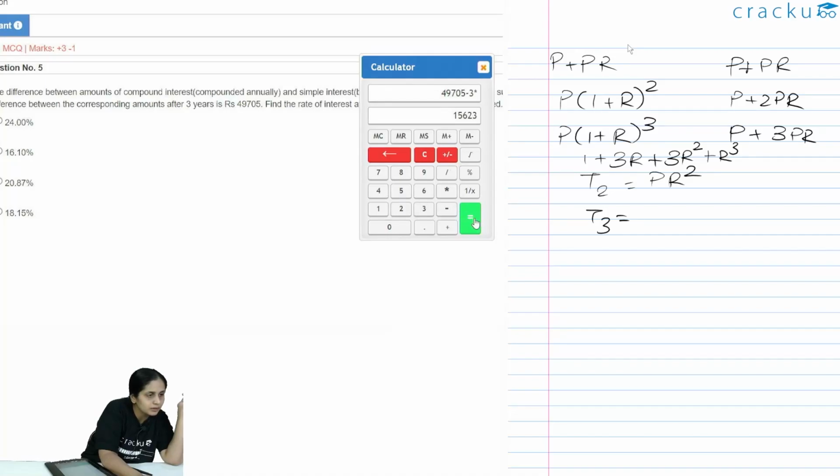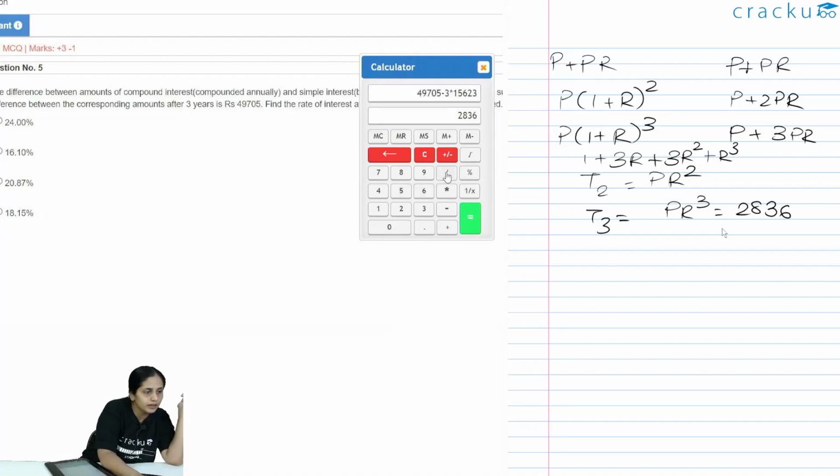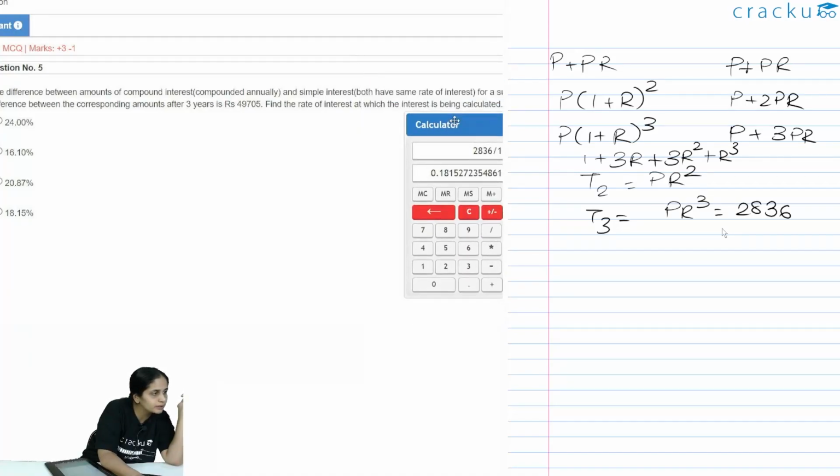This is equal to 2836. So PR cube is equal to 2836. 2836 divided by 15623 is equal to the rate of interest being calculated, that is 18.15.